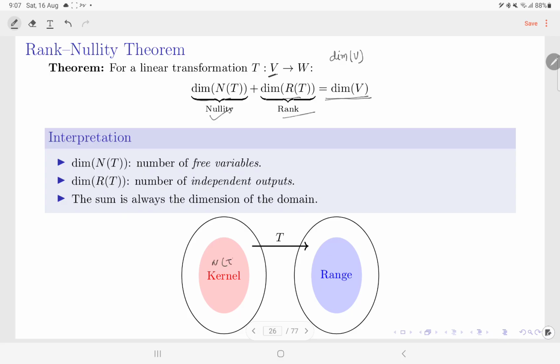This is null of T, this is range of T, and this maps to this one, and this maps to 0.